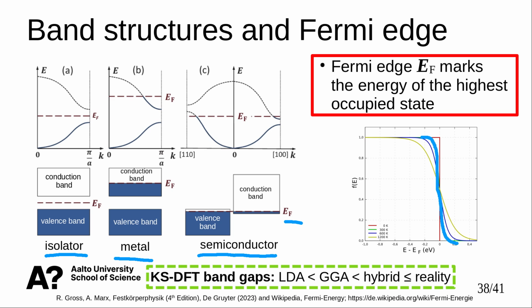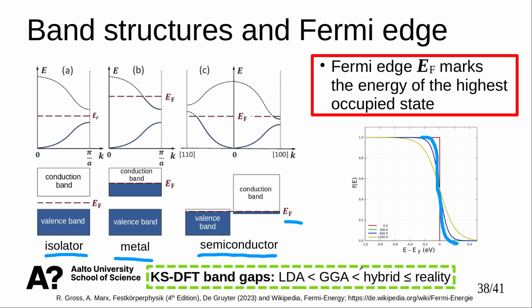I mean, the famous example is silicon, which has no band gap at all in LDA, and in practice it has a band gap of around 3 electron volts. So it's quite noticeable that LDA is not suitable to compute band gaps, especially for silicon. GGA is better, but still not great.